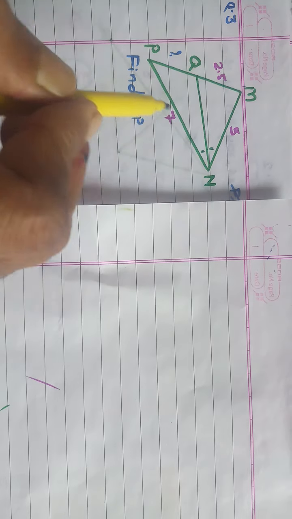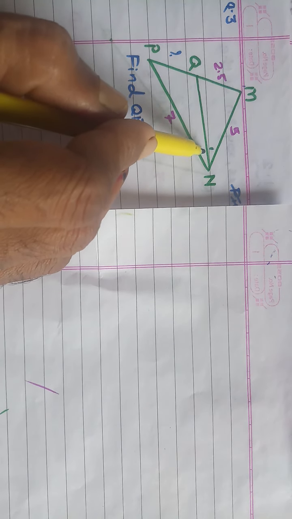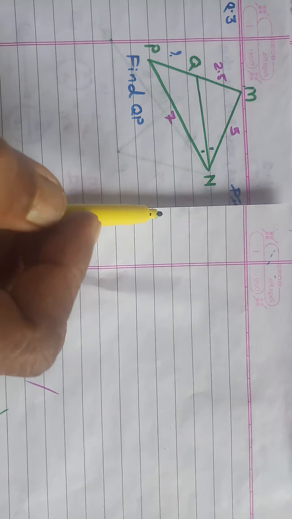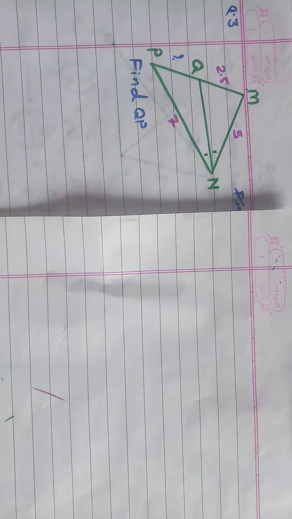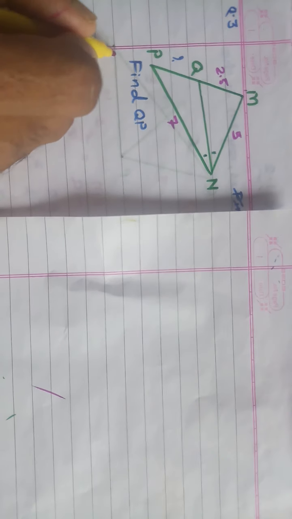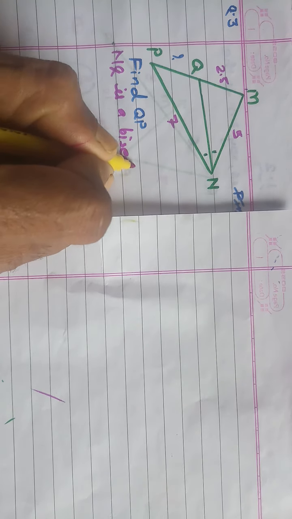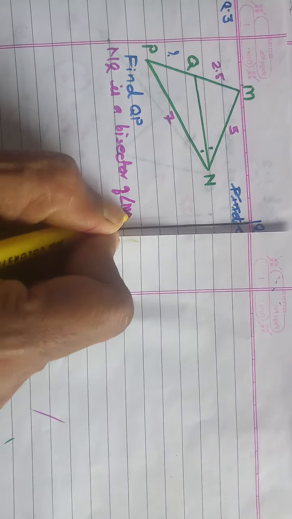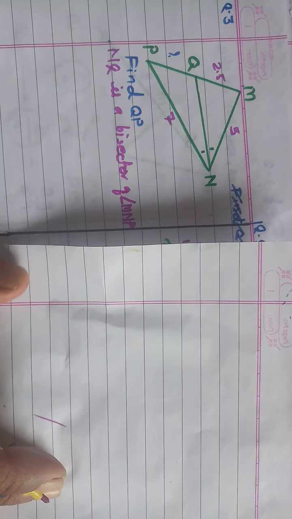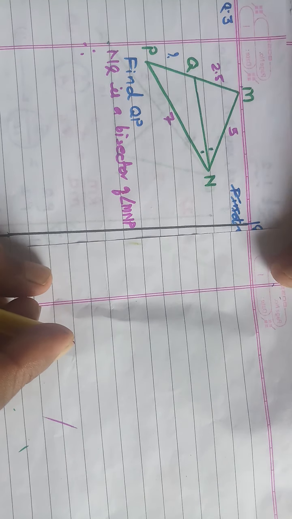Okay, so which theorem we have to apply here? Since they gave us an angle bisector, so we have to apply which theorem? Yes, angle bisector theorem. So here NQ is a bisector of angle M and P. Okay, therefore which two ratios are equal?